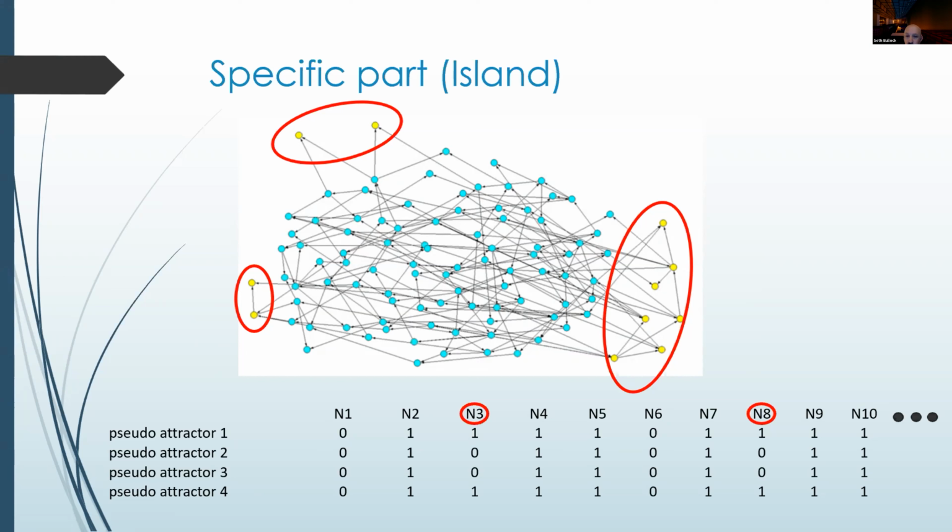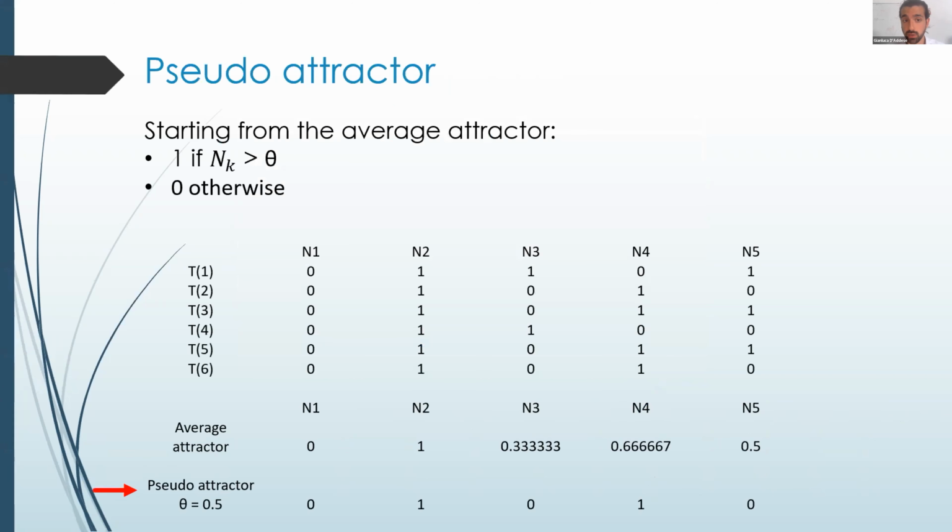So you take the average value of that cell during the limit cycle, is that right? And so it might be 0.5, where it currently is at 1. Yeah, but it's not possible to be 0.5 because this is a pseudo-attractor. So it's binarized by taking a threshold, and it becomes 0 or 1.